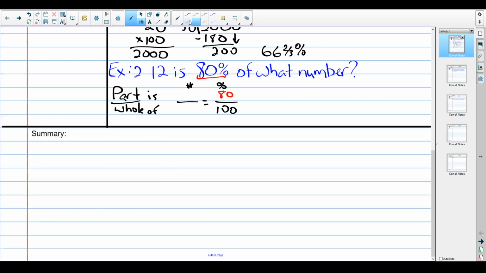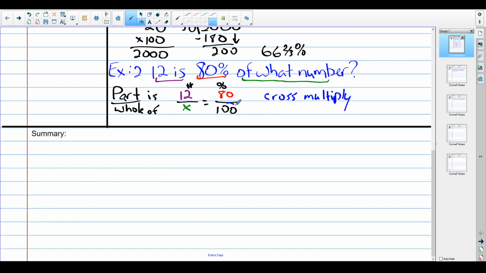And then it says of what number. It's another good tip off. Of what number means we're missing the whole thing. So we can say 12 is, and that's our partial number, so it's going to go on top. Again, it's just part to whole, numbers on the left, percents on the right, and then we can cross multiply.